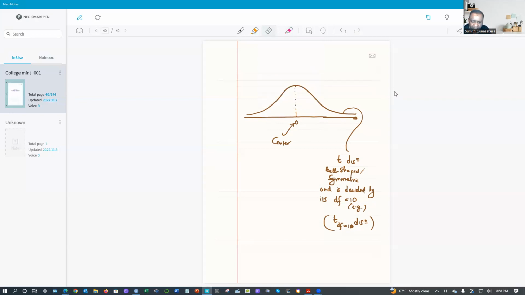If you increase the degrees of freedom, it goes like this, it goes down. This one is a T distribution with degrees of freedom increased to 20.